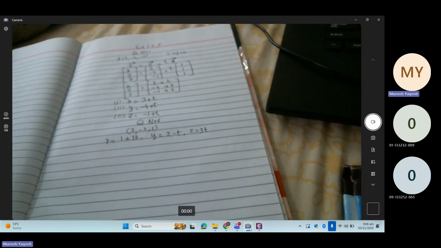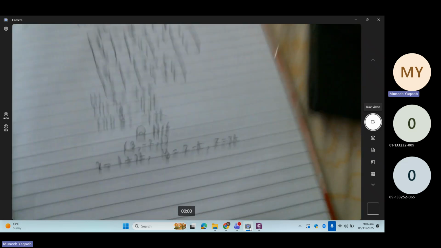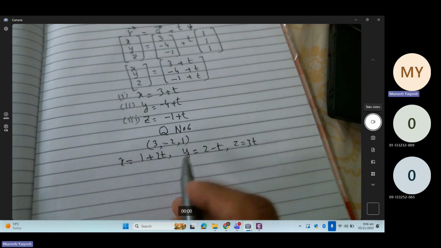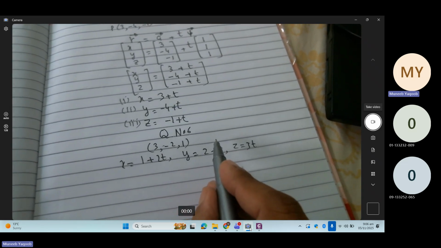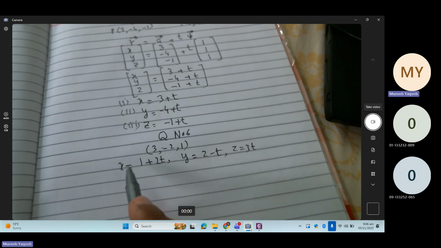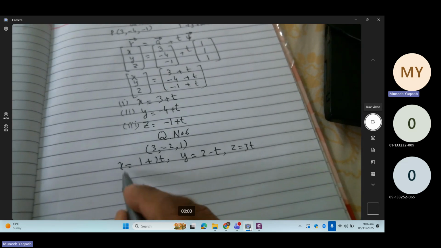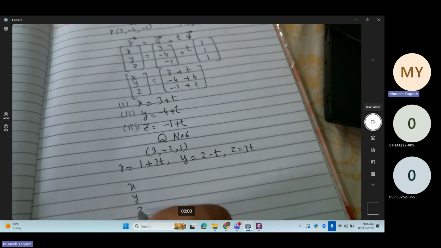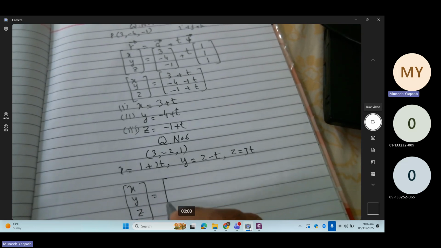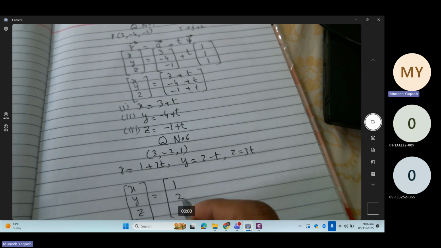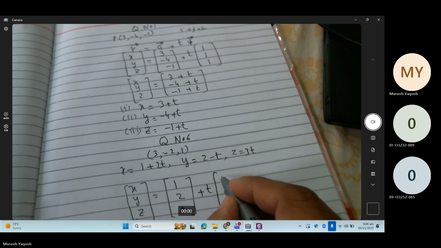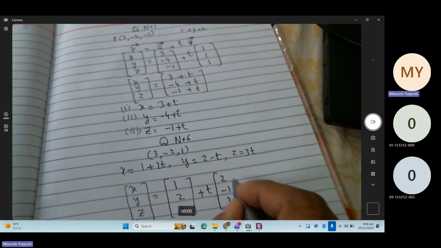Okay, coming back to our camera. So this is the situation. We know the point through which our line is passing, but we don't know the direction vector of the line. But they are saying that the line should be parallel to the line whose parametric equations are this. So from these parametric equations, we will deduce the vector equation of the given line. So the vector equation of the given line would be (1, 2, 0) plus t times (2, -1, 3).